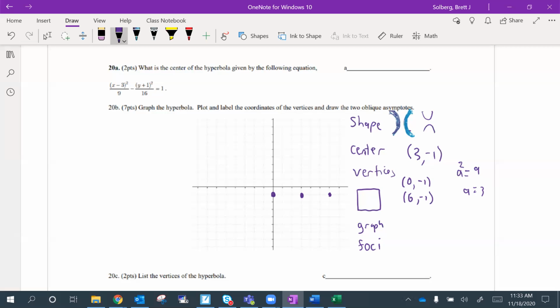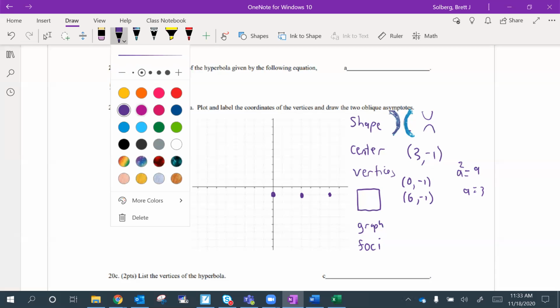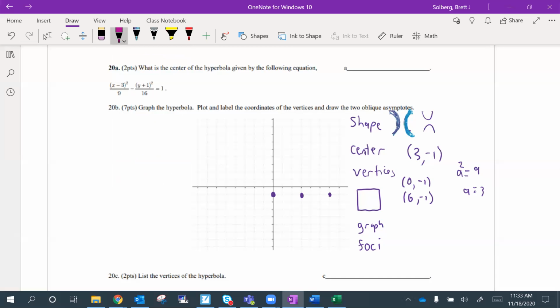Great. Now, when I'm going to get the rectangle, let's go back to Brittany. Brittany, how are we going to figure out how tall to make that rectangle? That's when you look at the denominator for the x on that part. So that would be your a squared, so you square root it to get your a, and that would be 3.